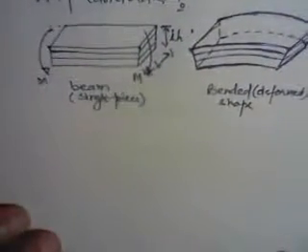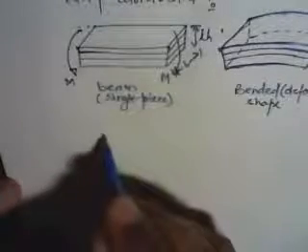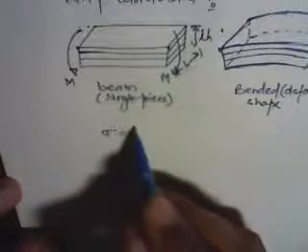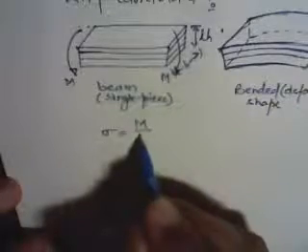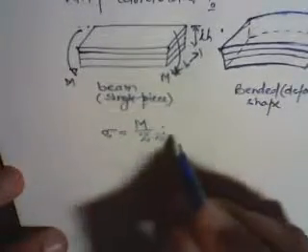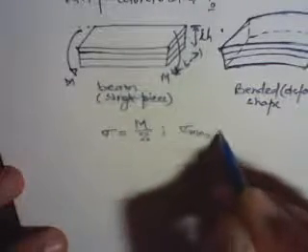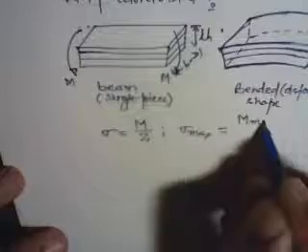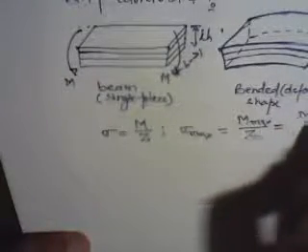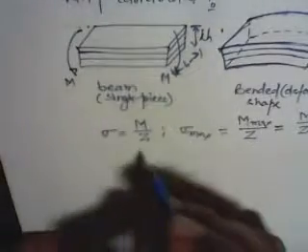So the bending stress for this beam, at any section, is M by Z. And if we talk about maximum stress, then it is M maximum divided by Z. M maximum is to be obtained by the bending moment diagram, but for the given case it is constant, so we will write M by Z. So sigma maximum is M by Z, where Z is 1 by 6 B H square.